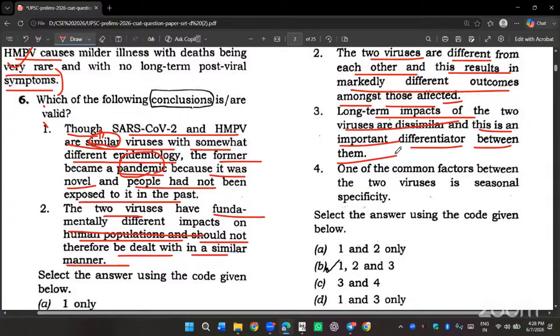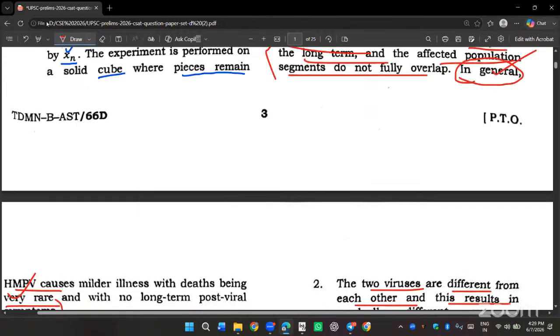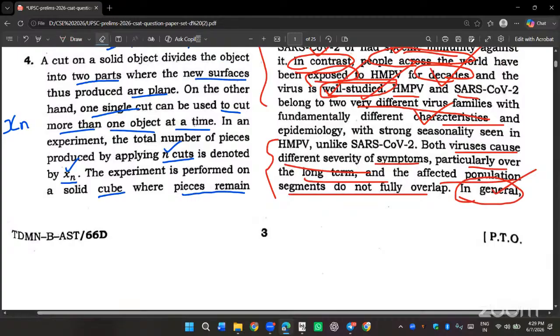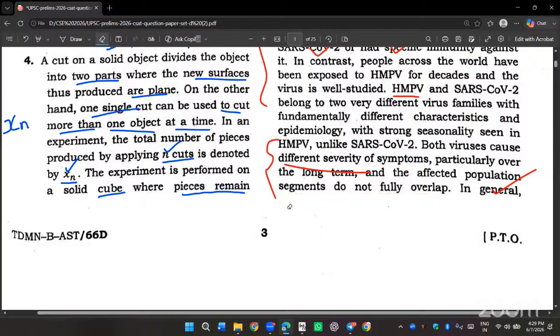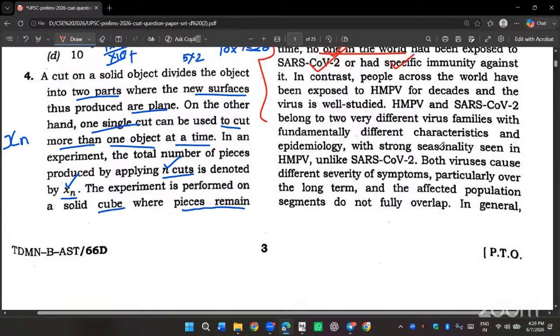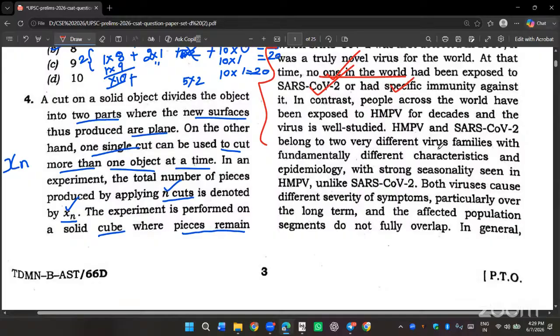Next, one common factor between the two viruses is seasonal specificity. That is the statement given to us. Can we make this inference from this passage? No, we cannot make it.